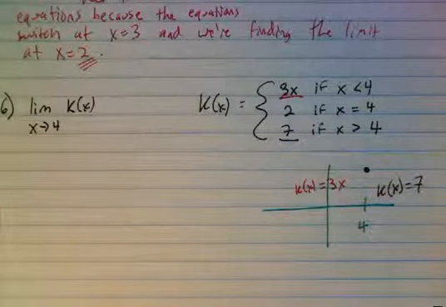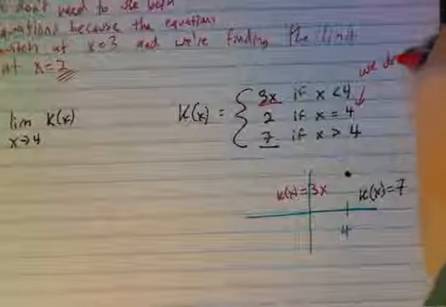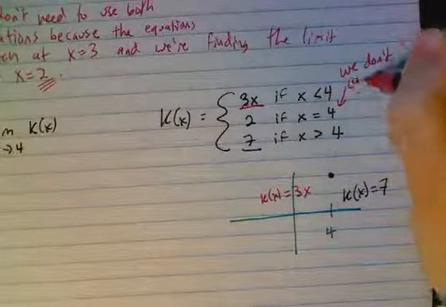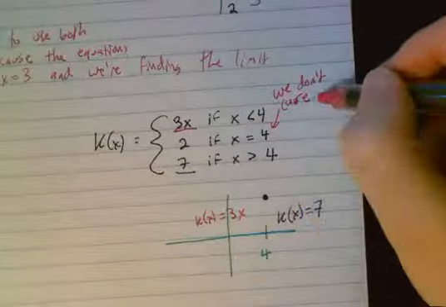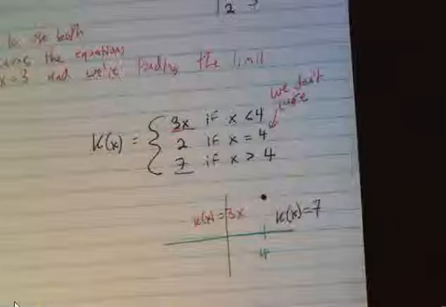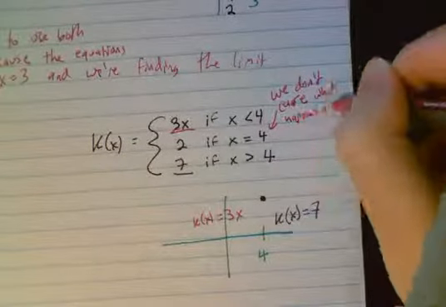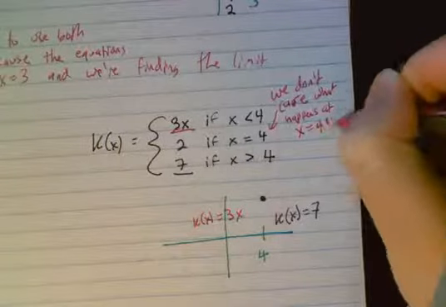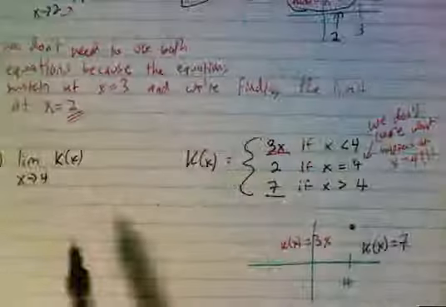Now, the really key important thing: when x equals 4, we don't care what's happening. So we can really just ignore this one right here, because we're talking about the limits.